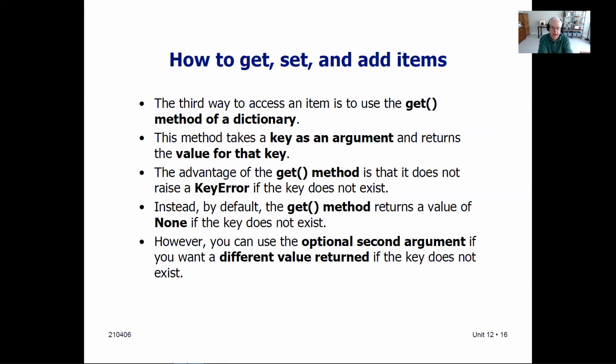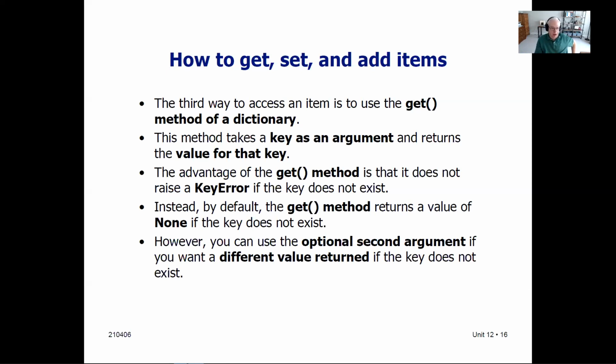And the argument in the get method is going to be the key that you want to get the value for. The big advantage here is if there is not a key, then the get method does not throw a key error, but what it does is it'll return None with a capital N to make it nice and neat.